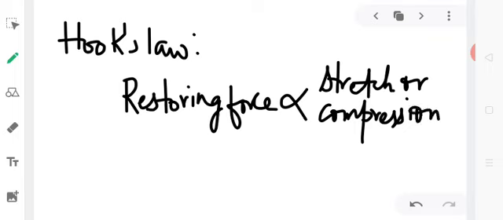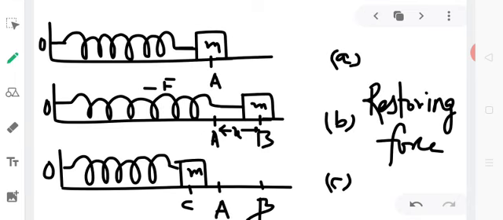We may write down F to be directly proportional to X. Now a negative sign is put in front of F because the restoring force always acts opposite to the applied force, as you can see in that diagram. Just see the second diagram. F is actually restoring force.